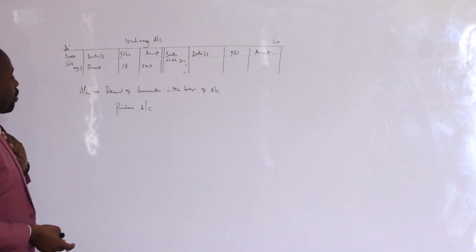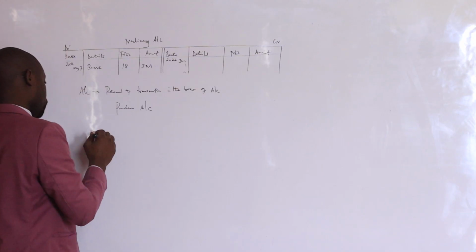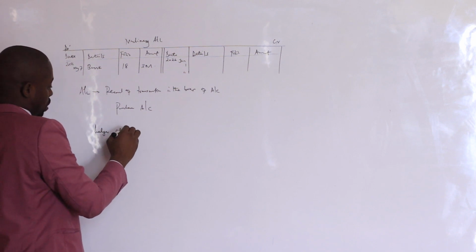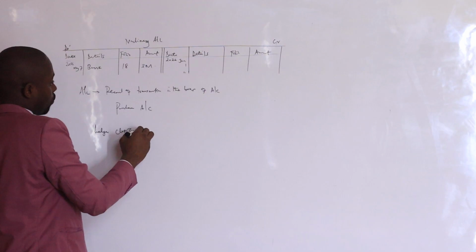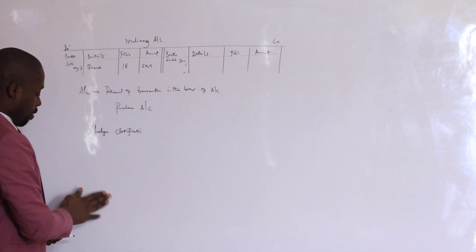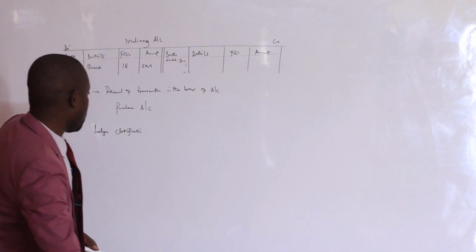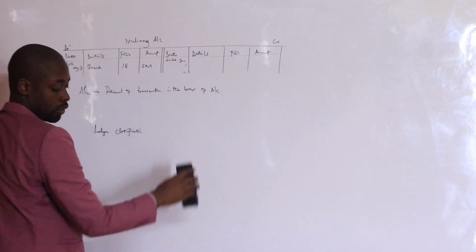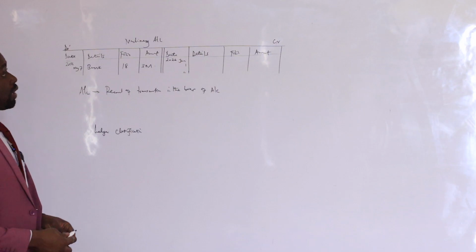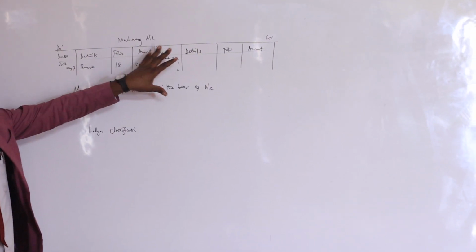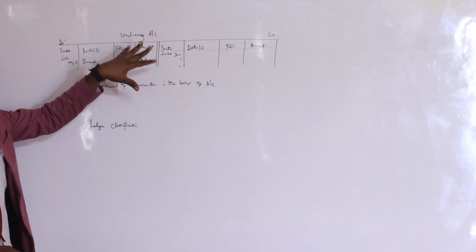Now let's talk about the ledger classification. Maybe before I go far about the ledgers, in a company's books of accounts, we do not draw the accounts you are seeing here, the T accounts or the ledgers.